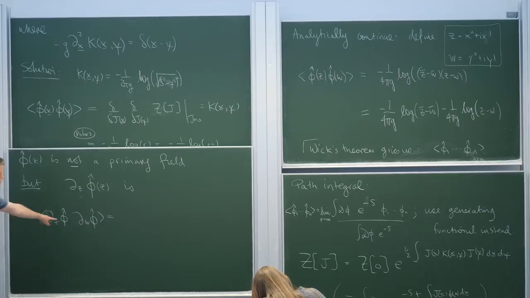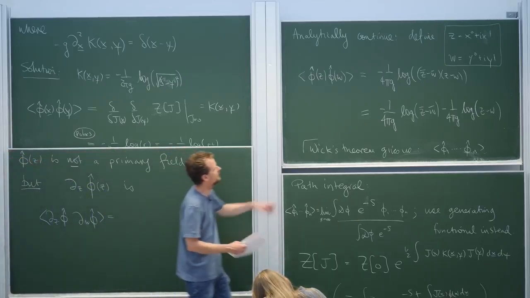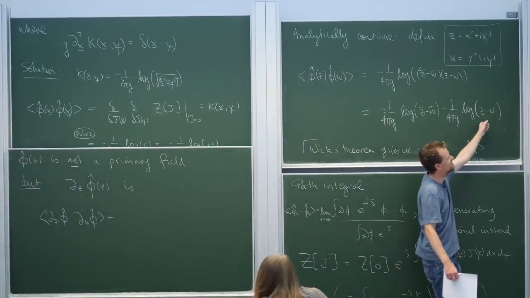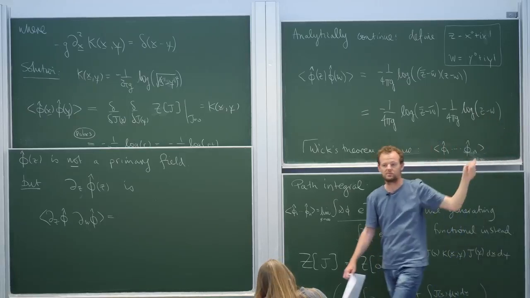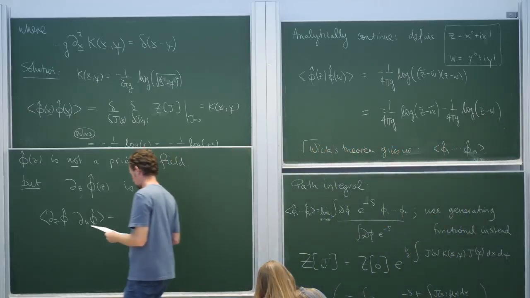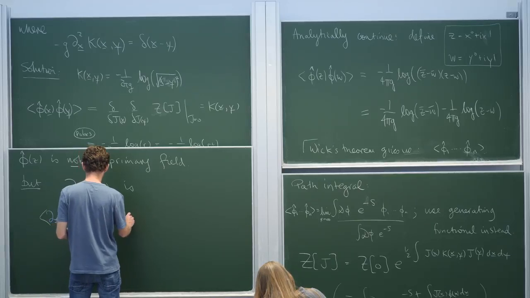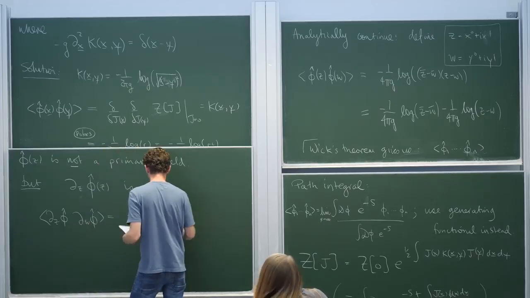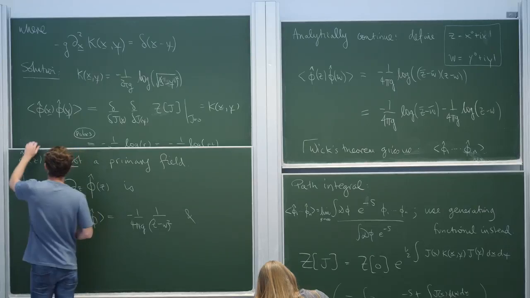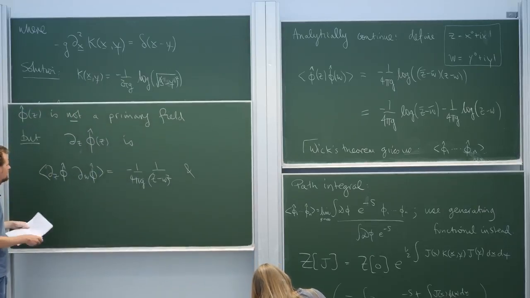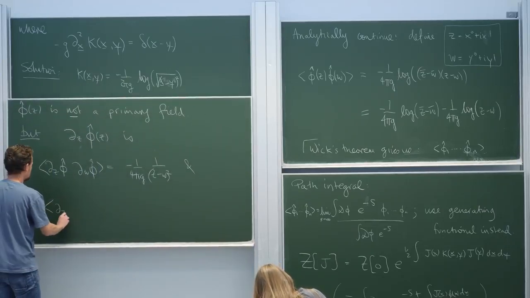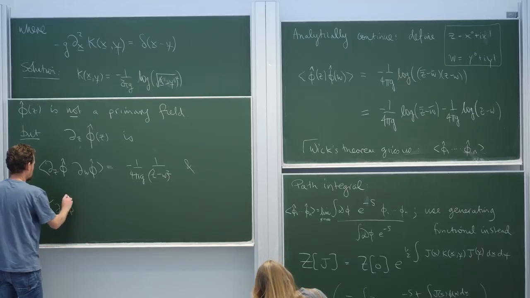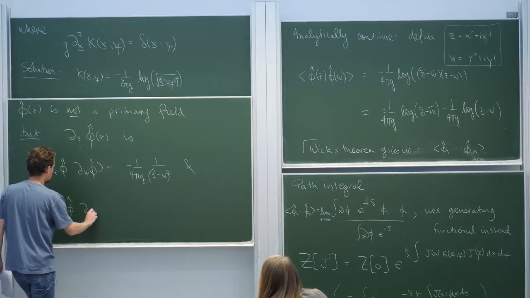And it's super easy to work out this correlation function. You just go over here, you differentiate with respect to z, and you differentiate with respect to w, and you get a nice answer. And it's beautifully holomorphic. And so we have found a nice candidate primary field.